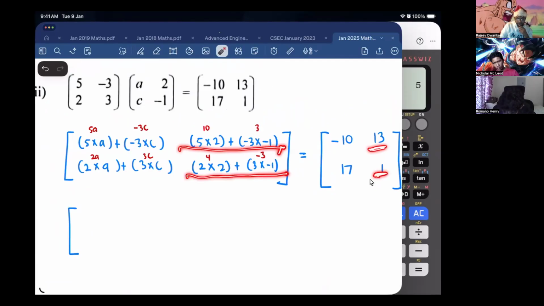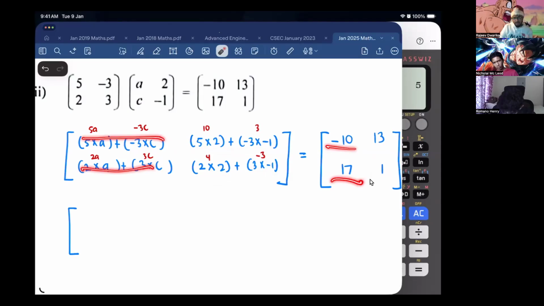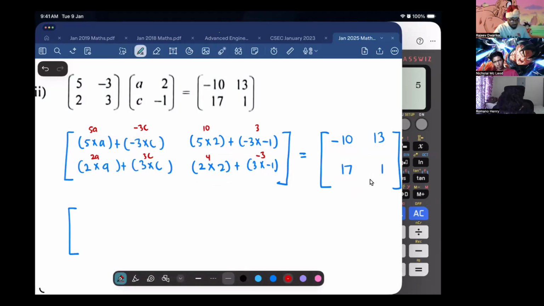Because 10 plus 3 is 13 and 4 minus 3 is 1. However, you're going to end up with 2 equations: 5A minus 3C is equal to minus 10 and 2A plus 3C is equal to 17. So let me show you how we would handle that. Simultaneous equations. I know people hate that, but I'll show you a real easy way to do it. Don't worry.